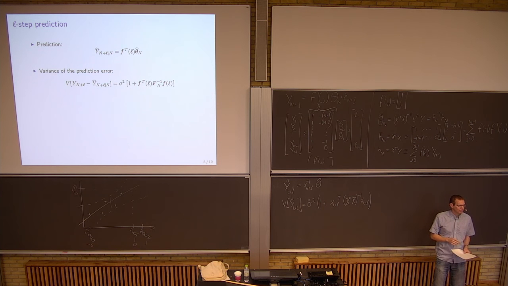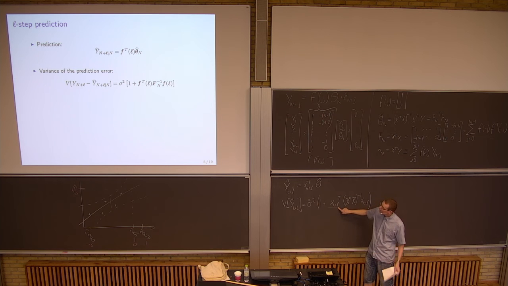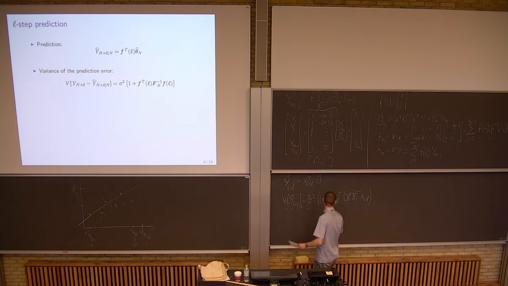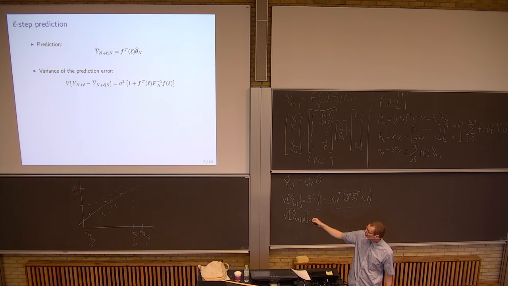Well, we can do the same thing here. So if we do it, just recapping what is written up there to have it as reference later, the variance of y hat n plus l given n, if I include or exclude the yn plus l up there, doesn't matter because it's a constant.